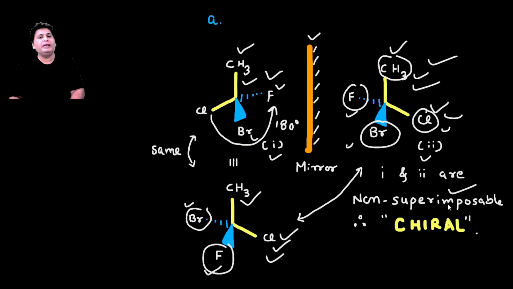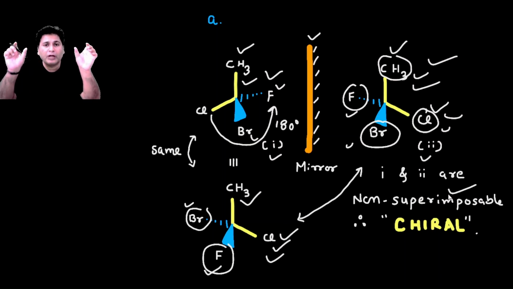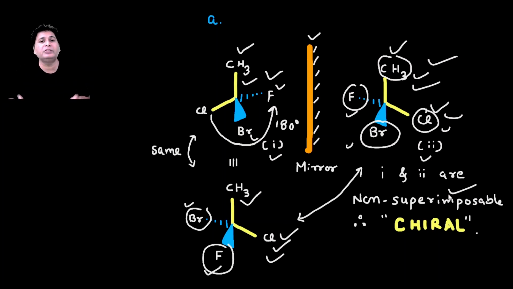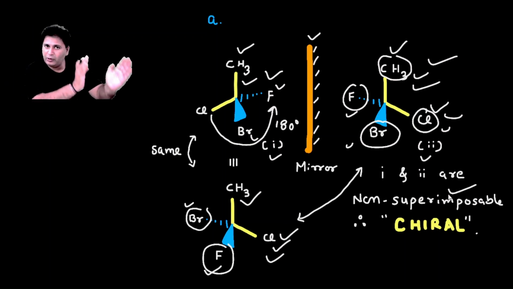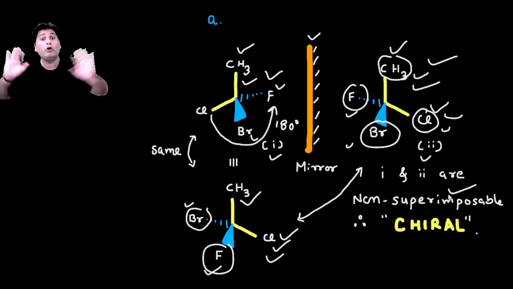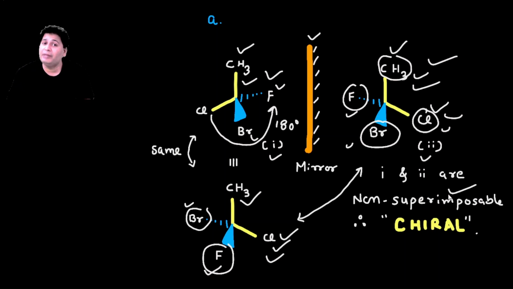This is very important, and the moment you find this property of non-superimposability, the two compounds which are non-superimposable mirror images are chiral in itself. I mean, compound 1 and compound 2 both are called chiral compounds and are non-superimposable mirror images of each other.